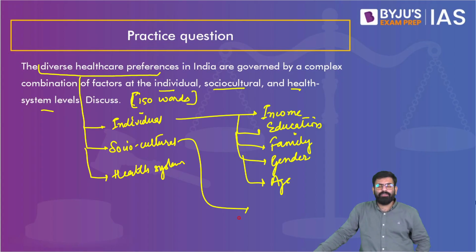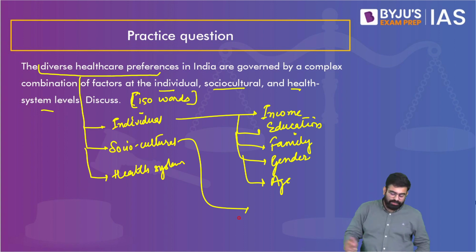But also, if you're coming from rural areas, or if you are coming from a traditional setup, you'll find your inclination more towards traditional medicine system, right? So yes, your religious beliefs, because of your religious beliefs, you might avoid Western medicine at all costs, right? So there can be various socio-cultural reasons which shape these preferences.